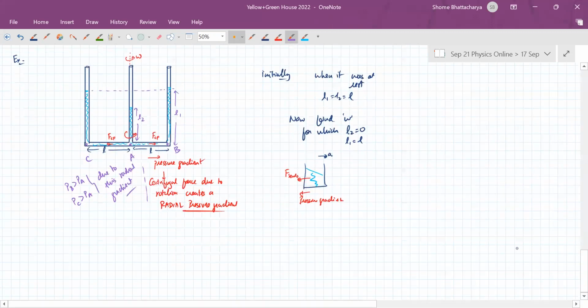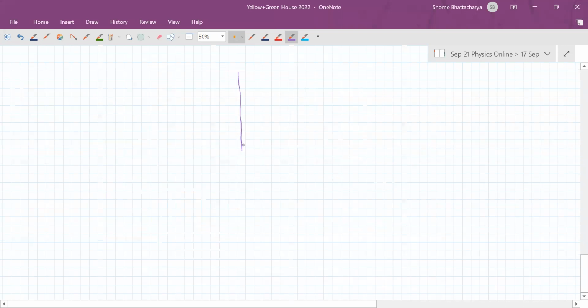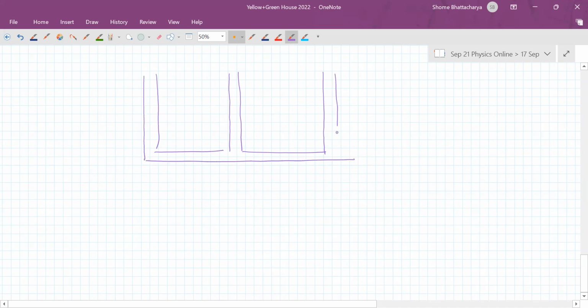Okay. So here what we'll do is now, whenever there's rotation, your reference is always with respect to the axis of rotation.